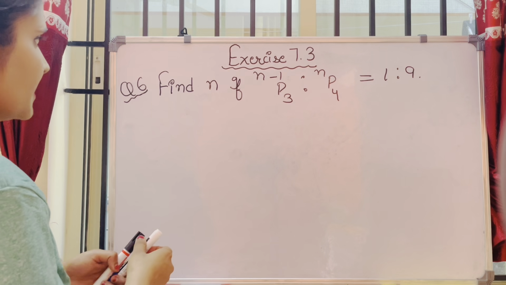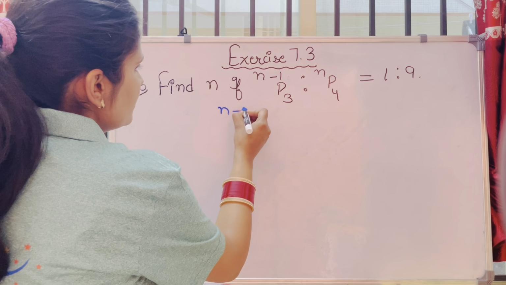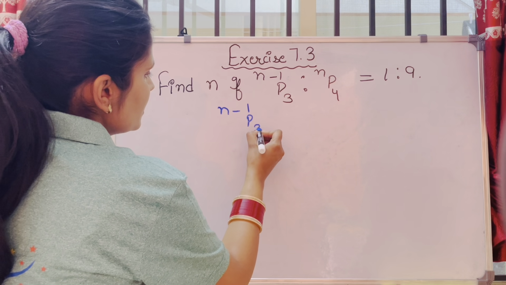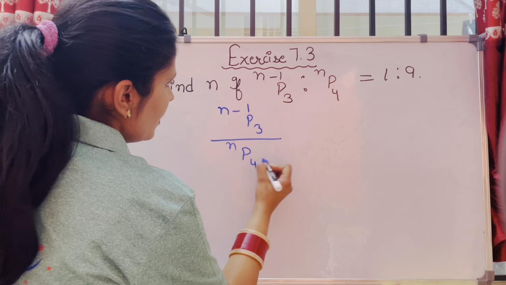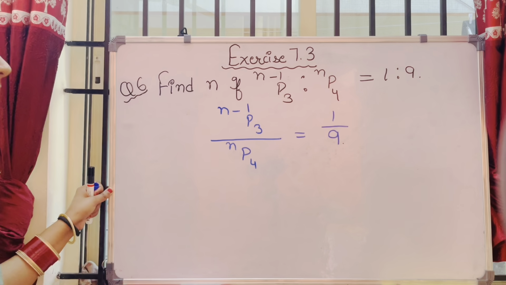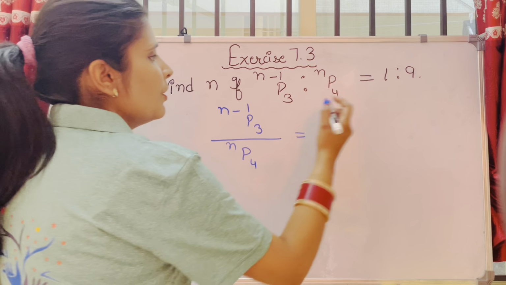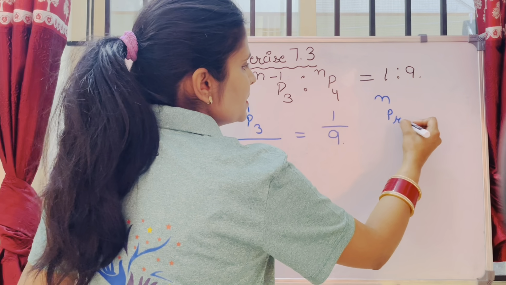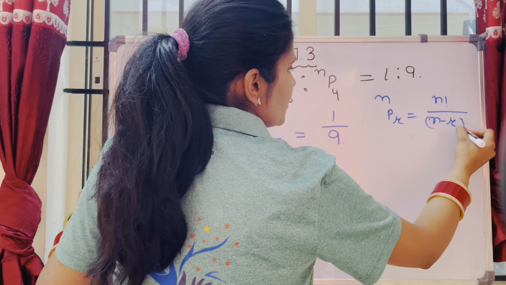So let's get started. (n minus 1)P3 upon nP4 is equal to 1 upon 9. We can write it like this. Now we know the formula of nPr, which is equal to n factorial upon (n minus r) factorial.